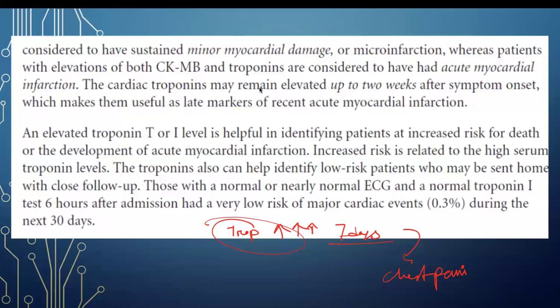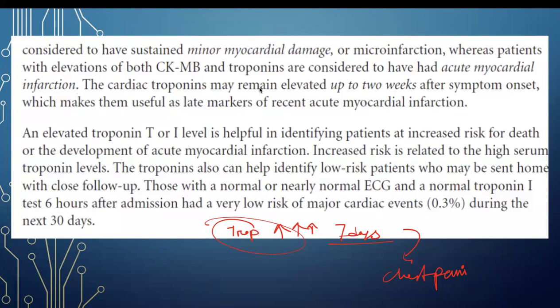Because this is a reinfarction, and it can happen. It's not common, but yes, reinfarction happens. If the patient comes back within 10 to 14 days of the initial raised troponin, then troponin will not give you a lot of information.